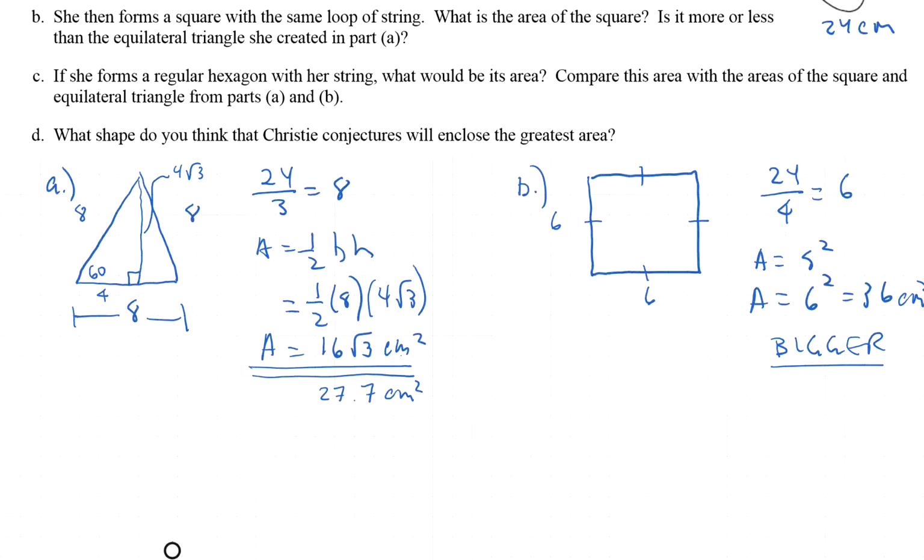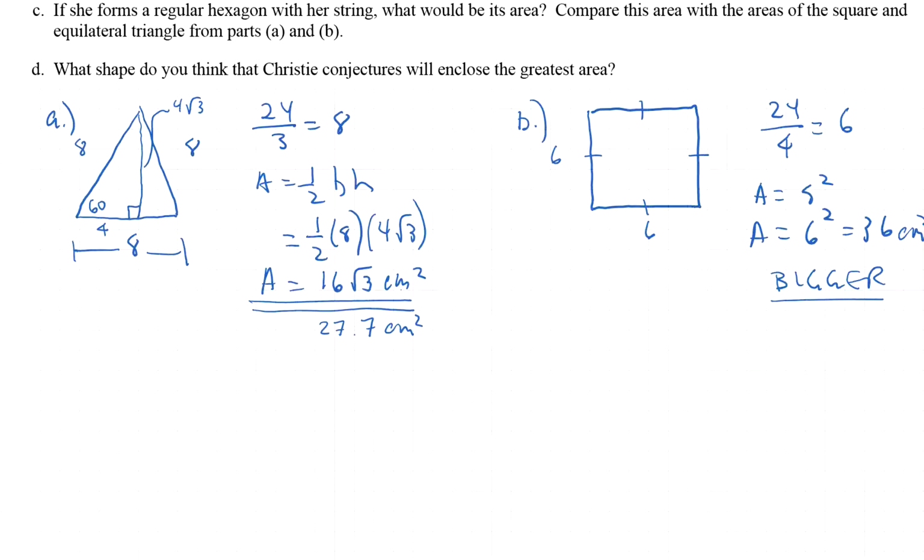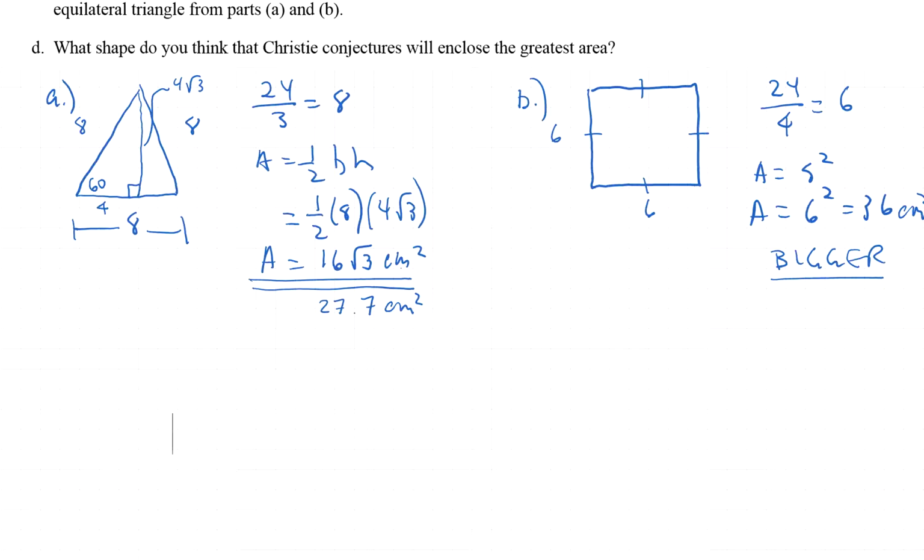All right, so then having all kinds of fun here. She takes that same bit of string and she forms a regular hexagon. And then what's the area? All right, so then we find the hexagon.